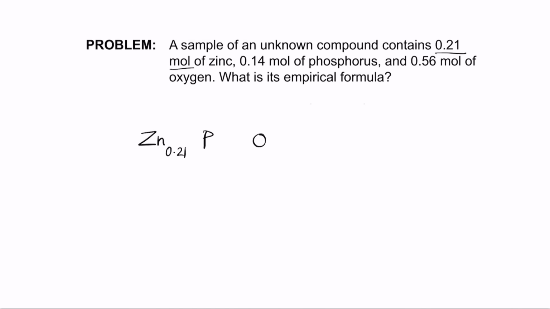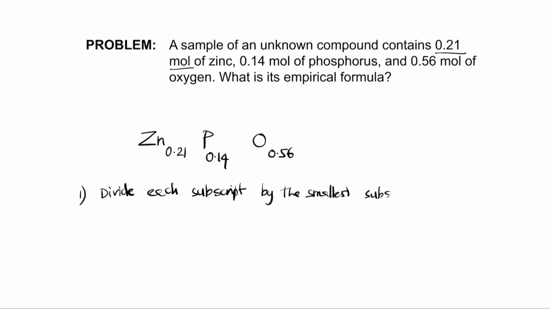So 0.21, 0.14 and 0.56. So the first step is to divide each subscript by the smallest subscript. The smallest subscript here is 0.14, so divide by that.